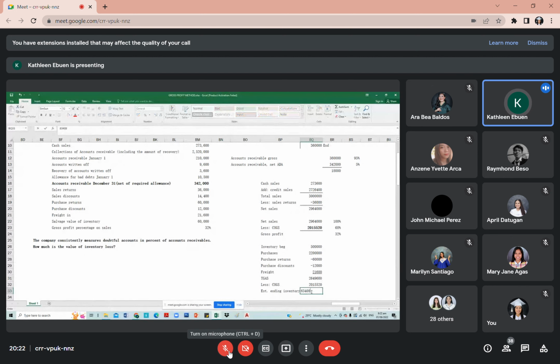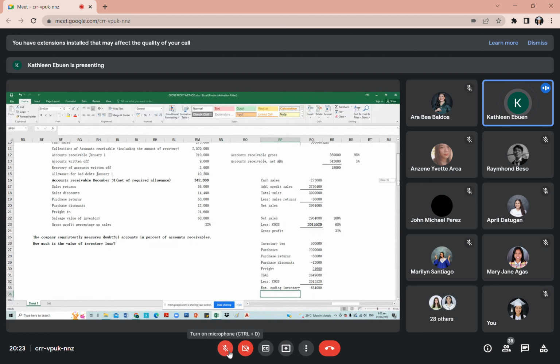Tama? Yes po. Okay. Ito na ba yung inventory loss? Hindi po. Bakit? Estimated po siya. Okay, estimated natin siya, no?